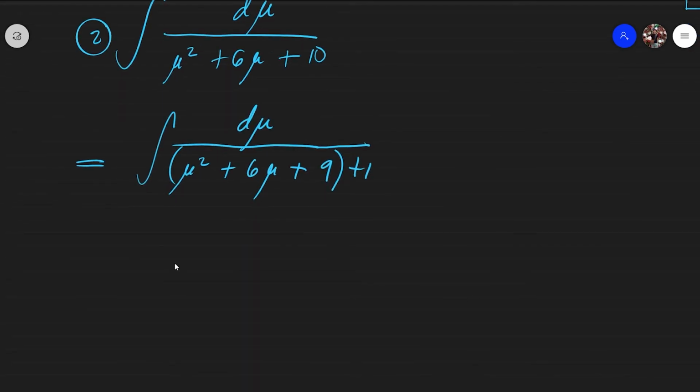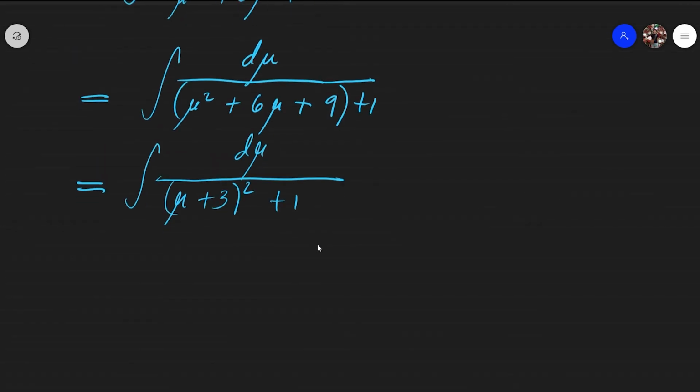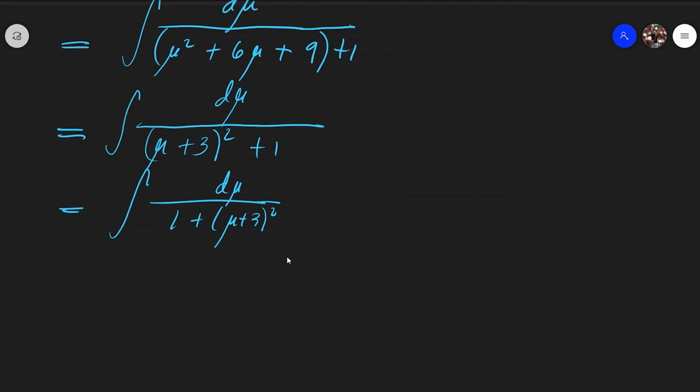So, you can proceed. Now, this is equal to the integral of d mu all over, if you factor this out, mu plus 3 squared plus 1. Or I could rewrite this as the integral of d mu all over 1 plus mu plus 3 squared. So it is becoming clear. You can use here the inverse trigonometric function.